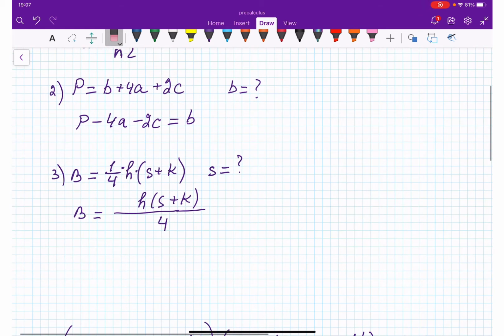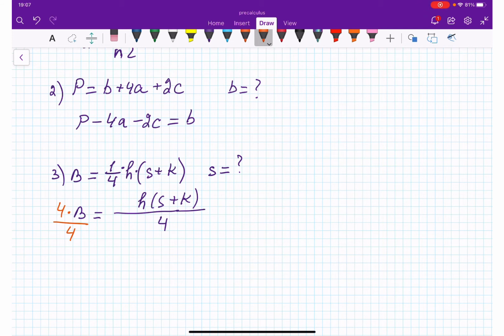Now once we have it, I'm going to bring it to a common denominator. The common denominator is going to be 4, right? On the right side of the equation we have 4. On the left side we need to divide by 4 and multiply by 4. Correct?